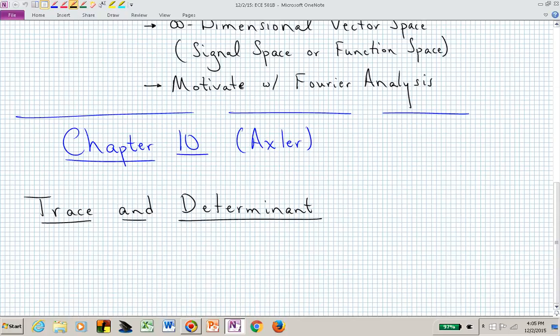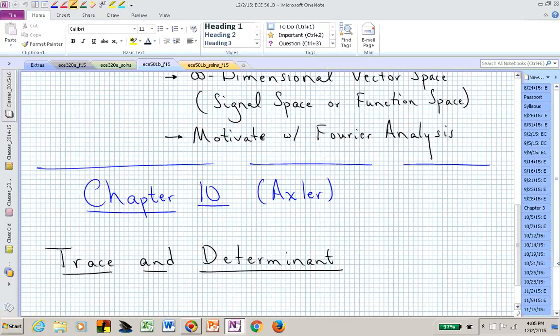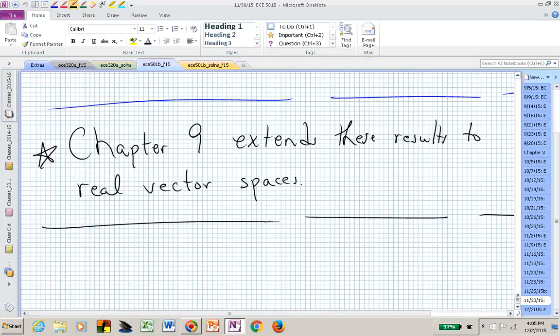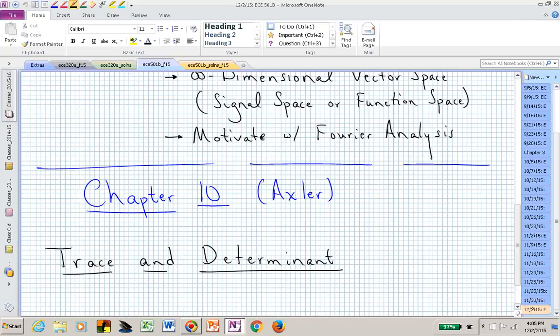This is the way that we completed it: at the end of last lecture, I said Chapter 9 extends these results to real vector spaces, and I may have put that sentence in after you left on Monday. But that's now our coverage of Chapter 9.